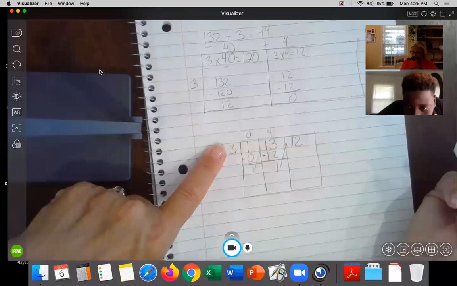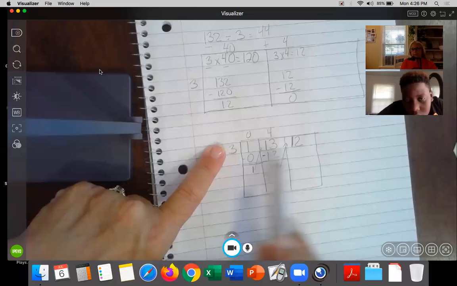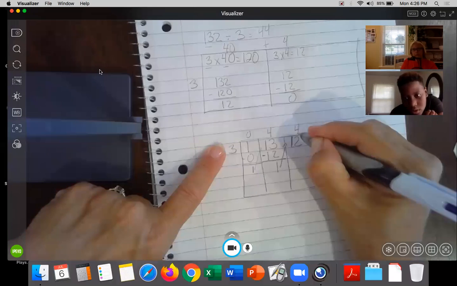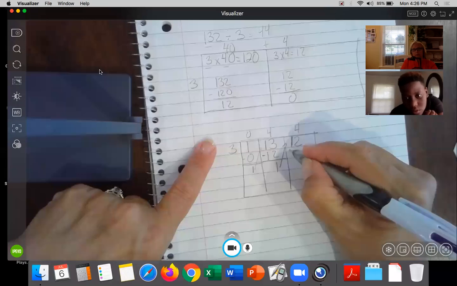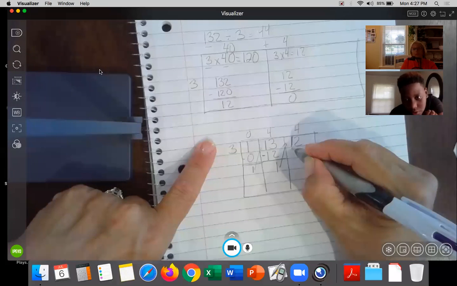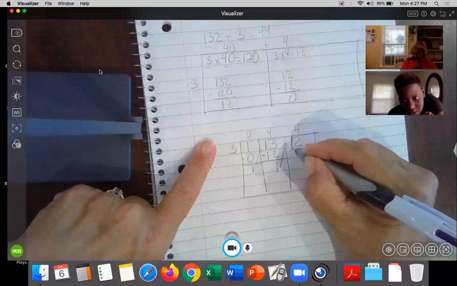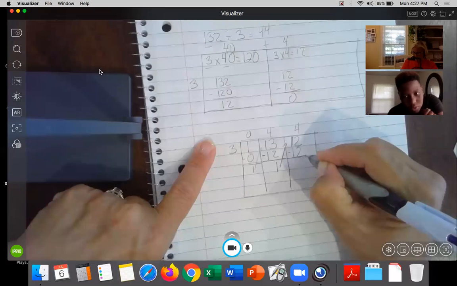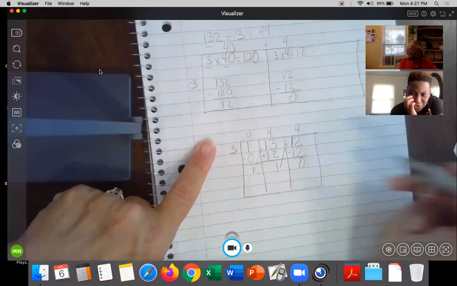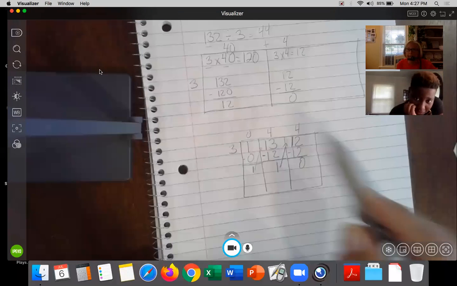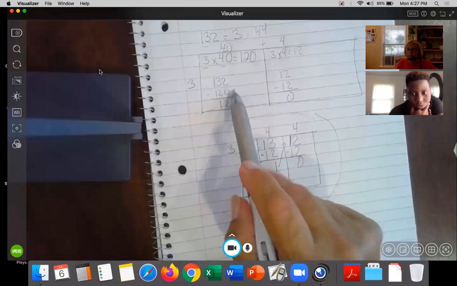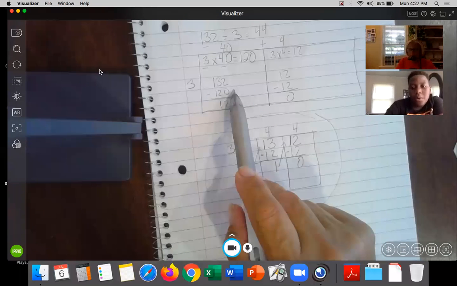And now 3 goes into 12 how many times? 4 times. 4 times 3 is 12, and you get 0. I like this way better. Do you want to practice this way, or do you want to practice area model? This way, the bottom.